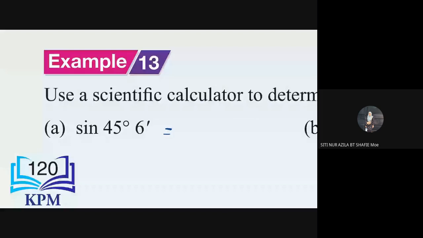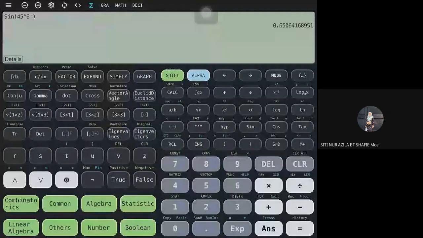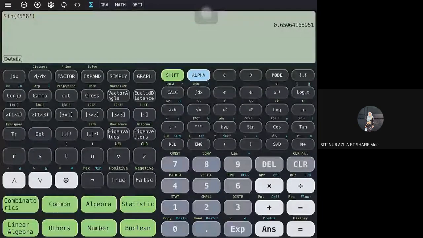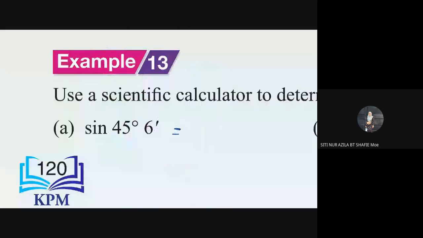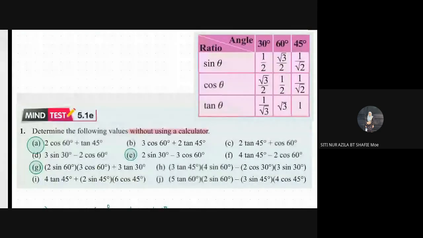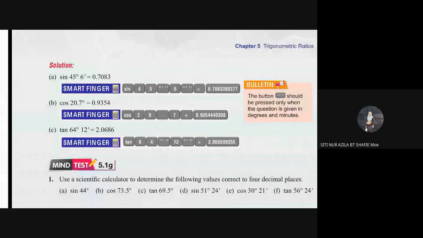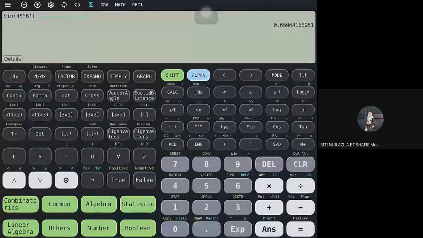How about everyone else? Sin 45, 6. Maybe my calculator is the one that's wrong here. Wait. Sin 45, 6.